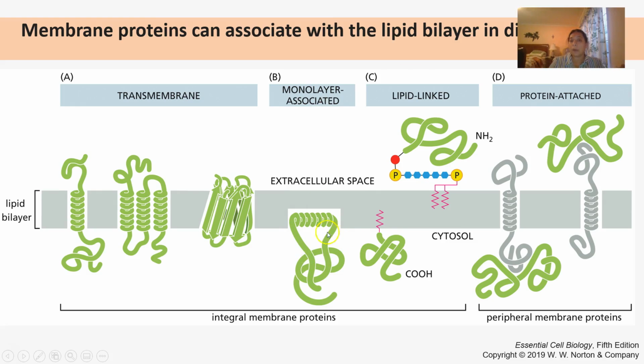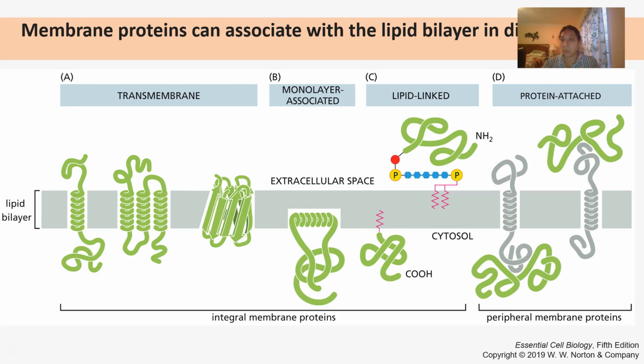So proteins that are only interacting with one side of the lipid membrane are called monolayer associated, since they're only associating with one side of the membrane. Proteins that are interacting through a lipid interaction are called lipid-linked interaction. And then some of them are never directly associated with the membrane, but will interact with proteins that are integrated into the membrane.